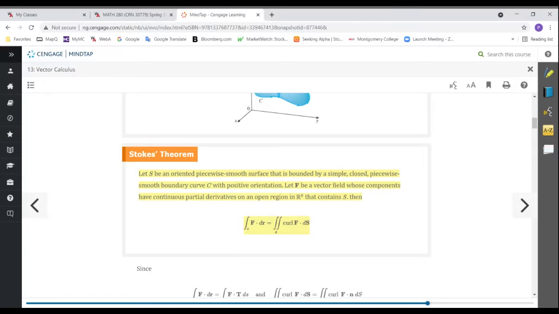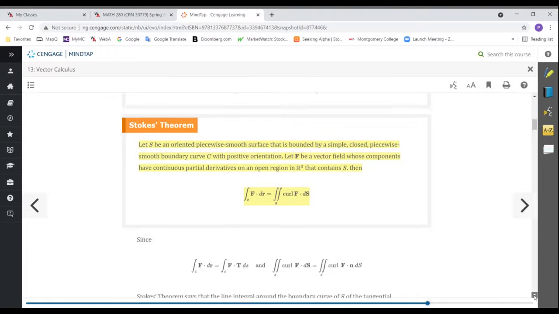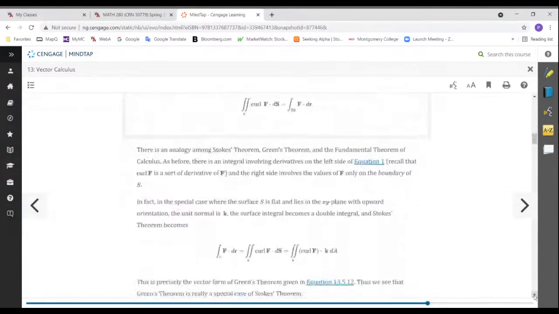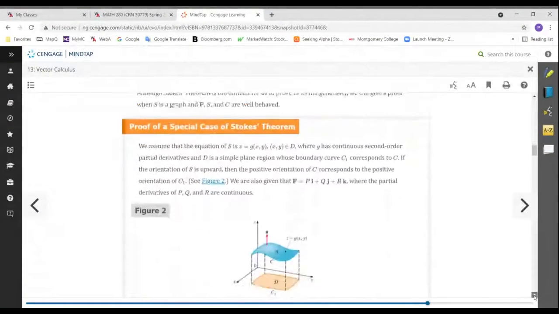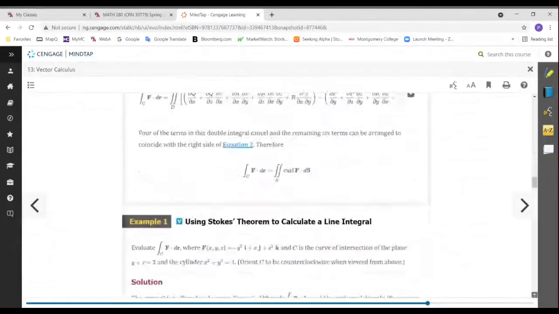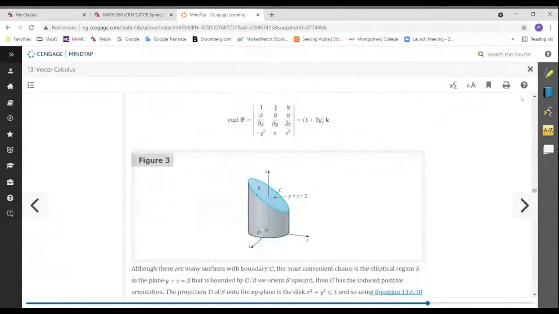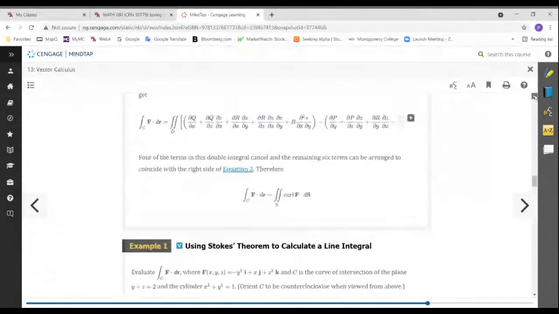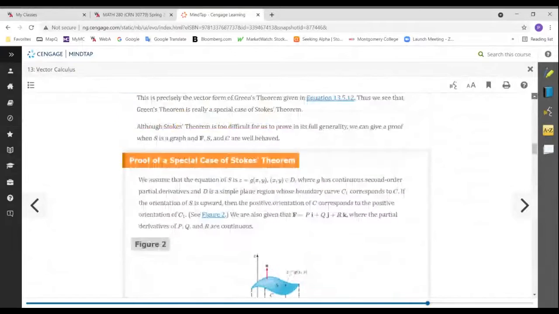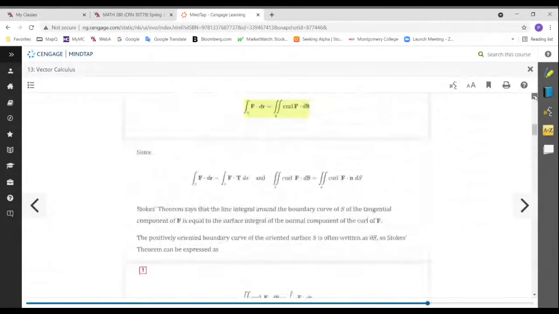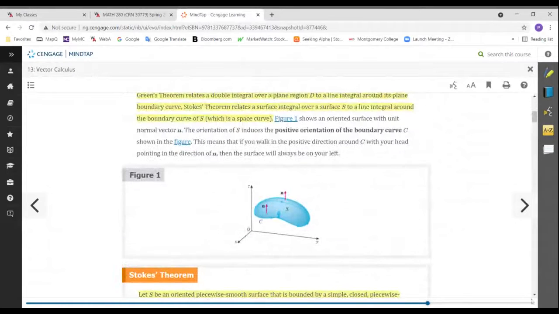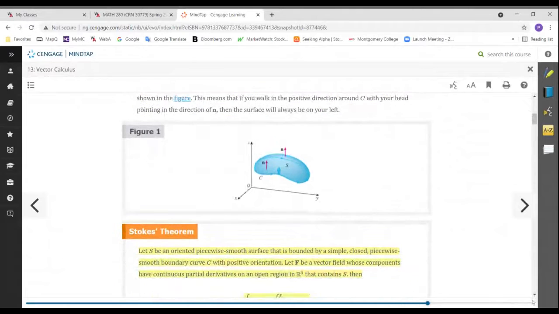They have a footnote here about the gentleman who invented it. They mention that it was named after mathematical physicist Sir George Stokes. How many have heard of Stokes, maybe from a physics class?